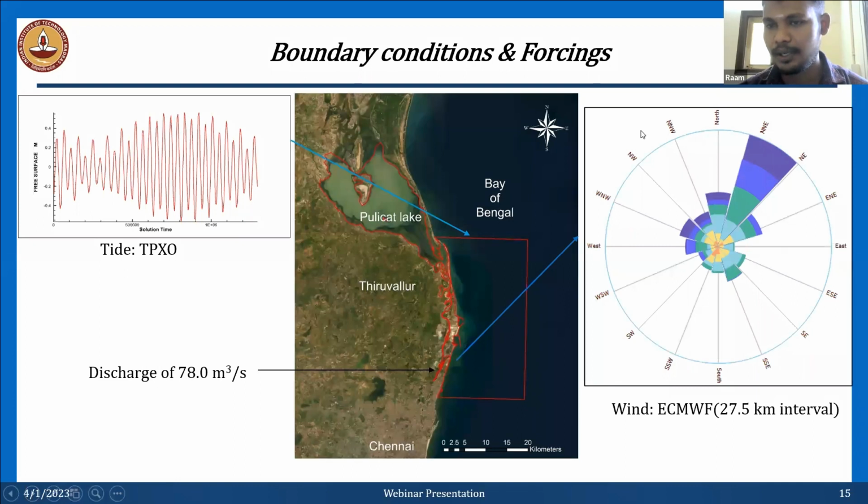It is a circular diagram with different directions. This is like 360 degrees divided into different directions, and the different color variation shows the velocity of the wind which is prevailing in that zone. This data is given into this domain.